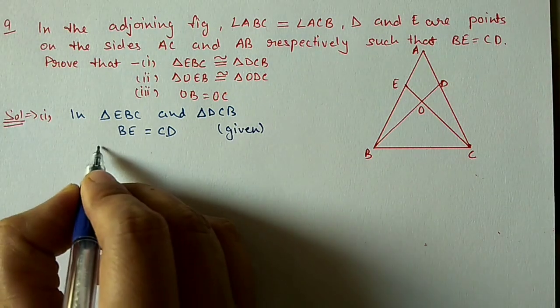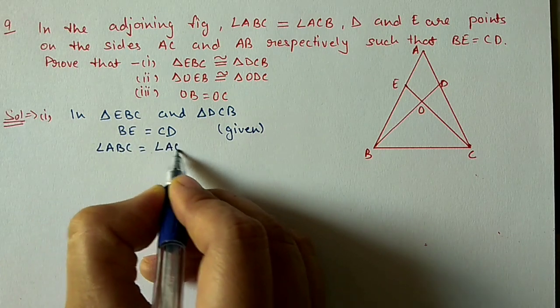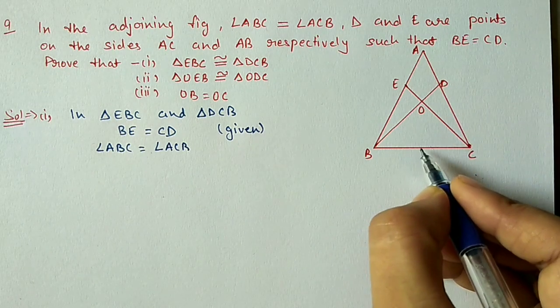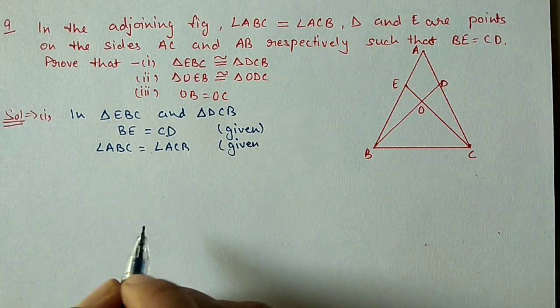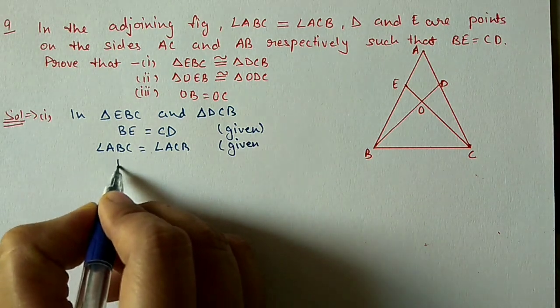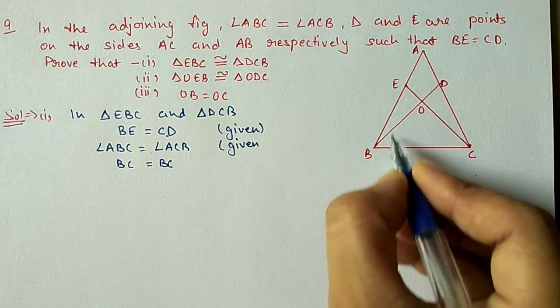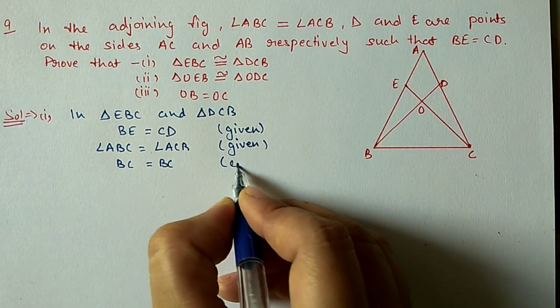Second thing, we can take angle ABC is equal to angle ACB. This angle and this angle is also equal. This is also given in the question. Third, we can take BC is common for both the triangles. It is common for this triangle also and this triangle also. So this is common.